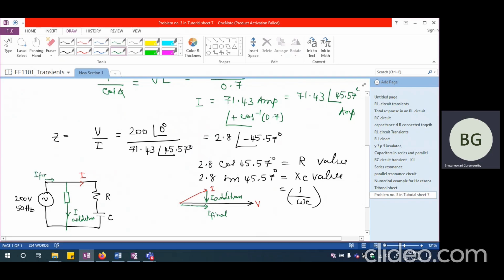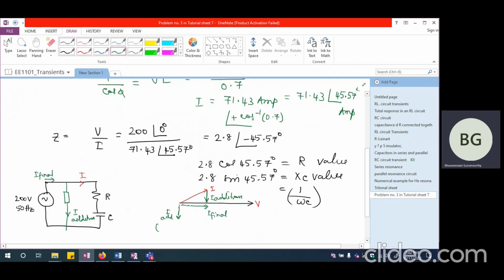And I want I final to be at unity power factor condition. So clearly this indicates that my I addition has to be lagging behind the voltage by 90 degrees. And if the current has to lag behind the voltage by 90 degrees, it has to be inductive.